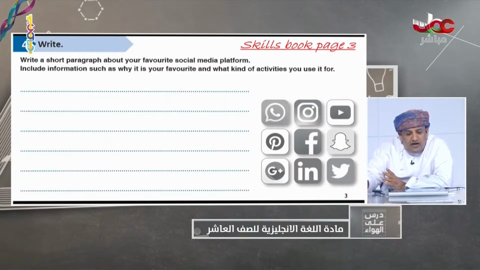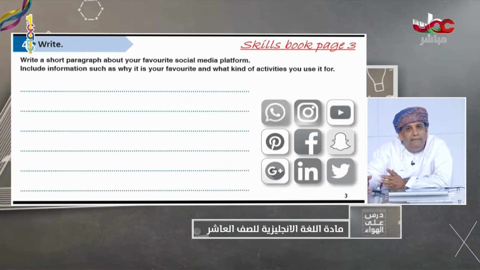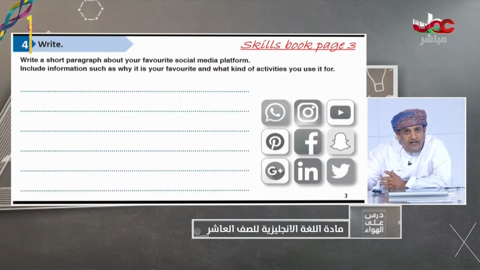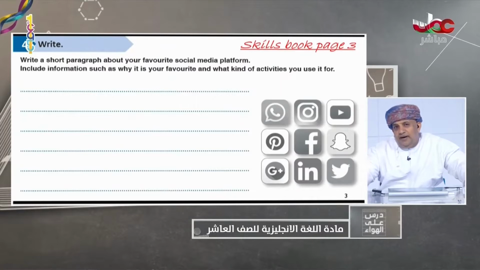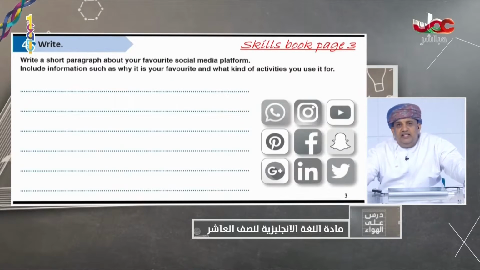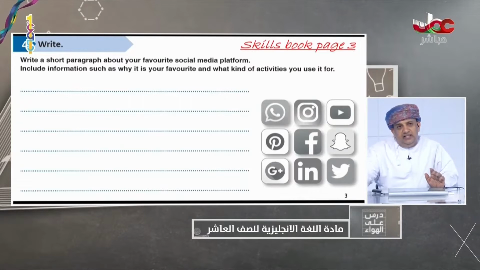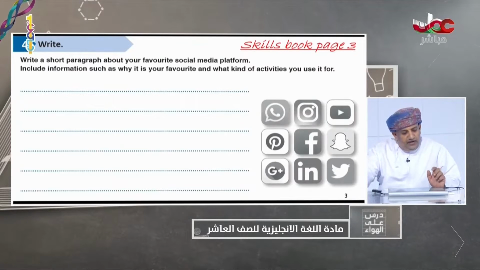For example, if you are using WhatsApp, you say, I like WhatsApp because I use it to share information or to send videos to my friends, and so on. Just a short paragraph, not more than 6 lines. You have 6 lines for this.